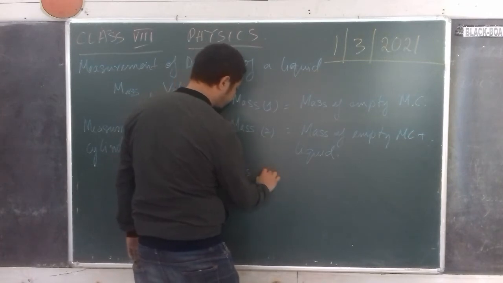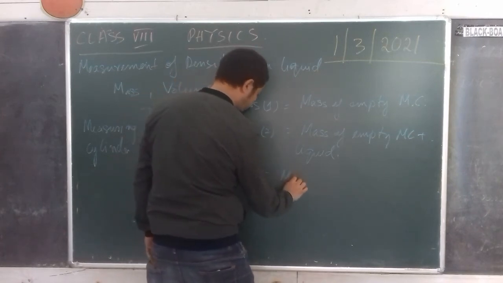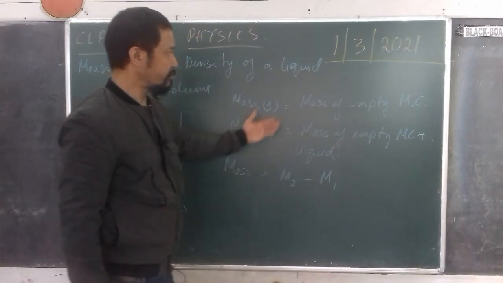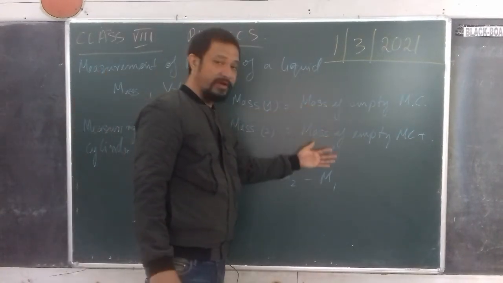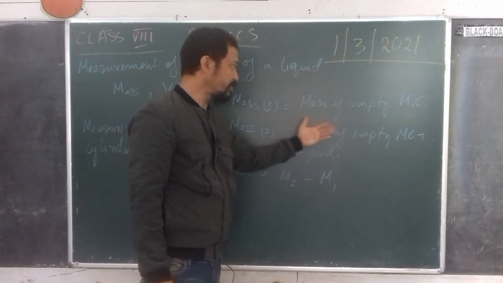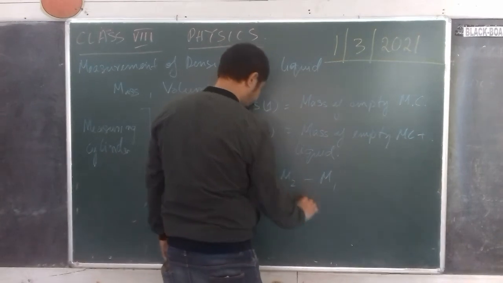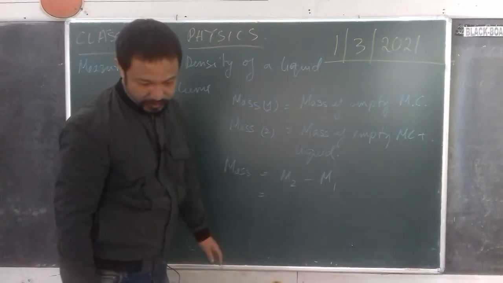Mass of the liquid will be mass 2 minus mass 1, because mass 1 is the empty cylinder and mass 2 is empty cylinder plus liquid. When you take out the mass of the empty cylinder, you get the mass of the liquid. So that is how we're going to find it.